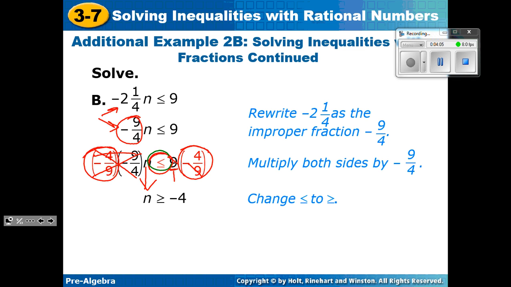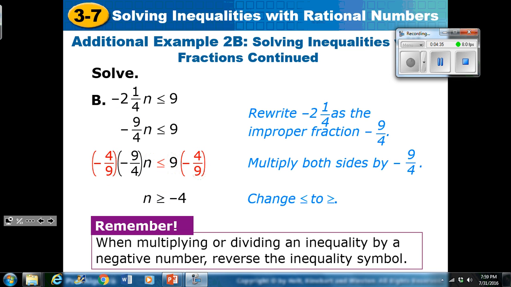We had is less than or equal to, and it changed to is greater than or equal to. And the reason for that is we multiplied by a negative. When you multiply or divide both sides by a negative, then this inequality changes. The greater than or less than flips around. So our answer is n is greater than or equal to negative 4.